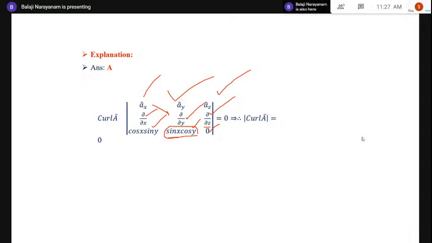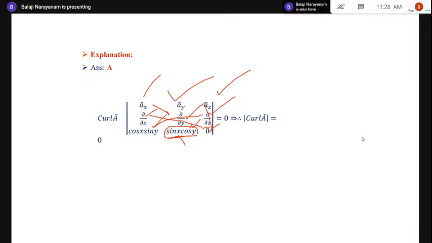Now Ay bar: dou by dou x of 0 and minus dou by dou z of cos x sin y, so that is also not resulting in anything. Now you take again the Az bar column, dou by dou x of sin x cos y. cos y is a constant, bring it outside the differential, dou by dou x of sin x will result in cos x.